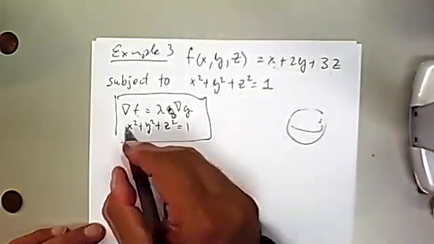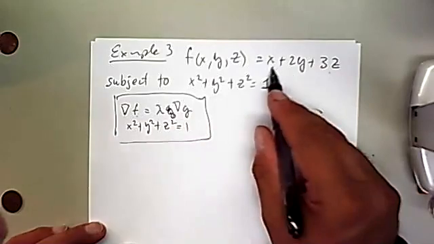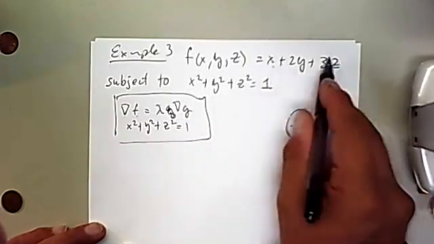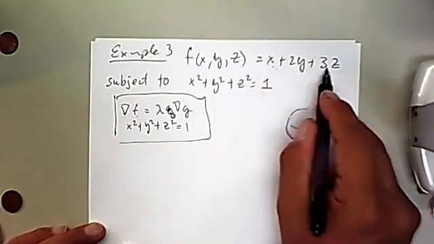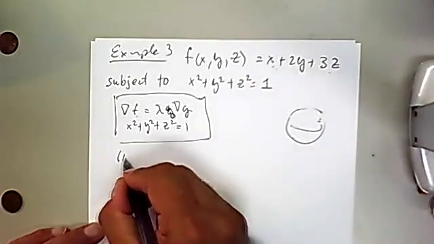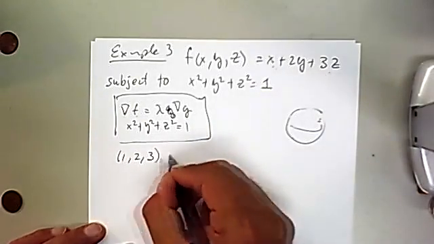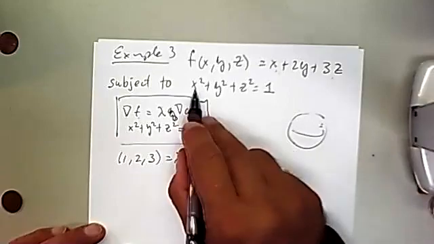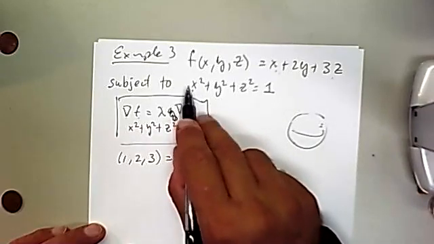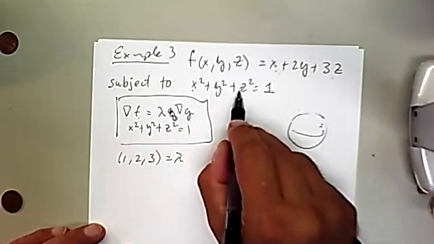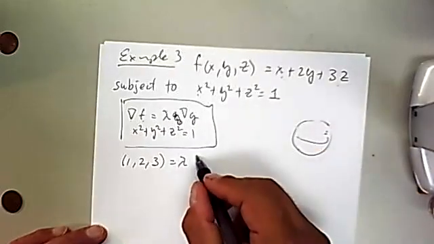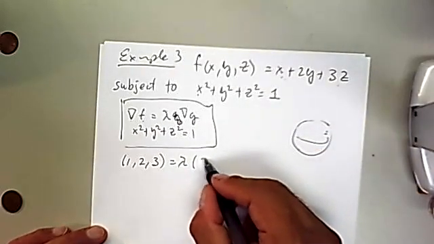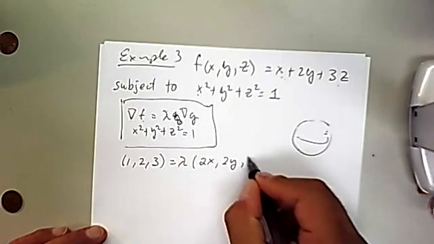So the gradient of f is 1, 2, 3 equals lambda times the gradient of g. I'm not going to write down g, but g is x squared plus y squared plus z squared minus 1, and the corresponding gradient will be 2x, 2y, 2z.